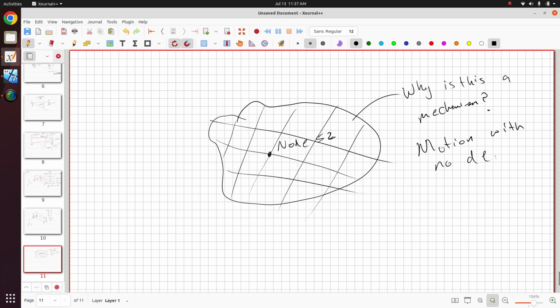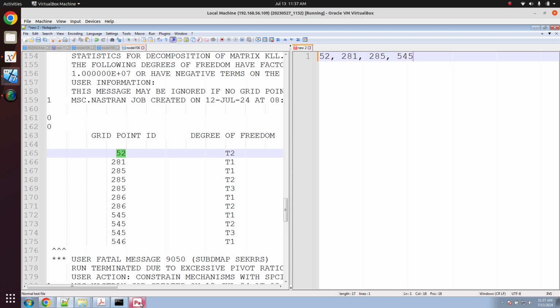That's what a mechanism is. So why is node 52, why is the surrounding mesh, why is that very stiff? It's not deforming. What's going on here?